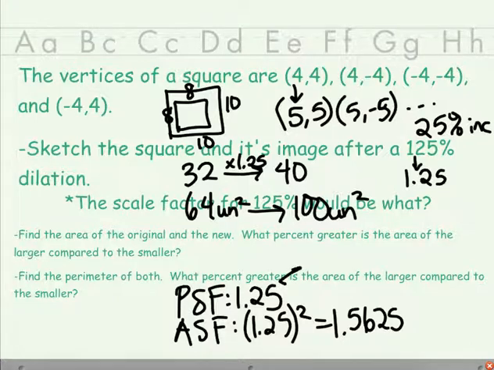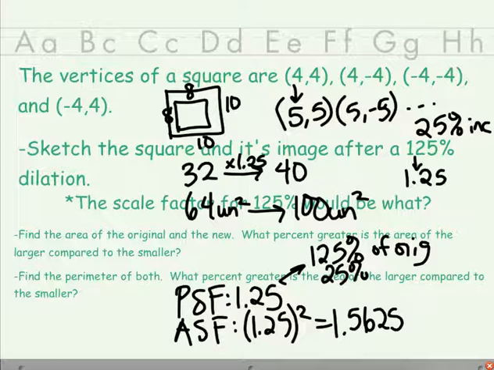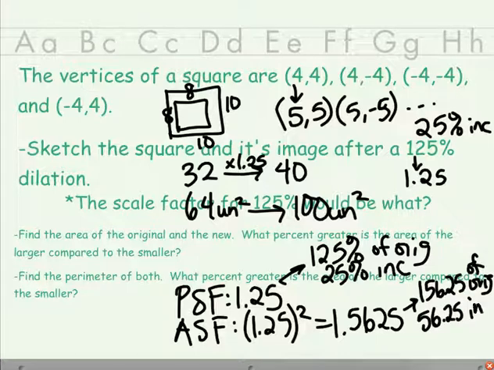So just like my perimeter scale factor is 125% of the original, which means I have a 25% increase just like we saw on the first page of this lesson. This one is 156.25% of the original, which is a 56.25% increase. Okay?